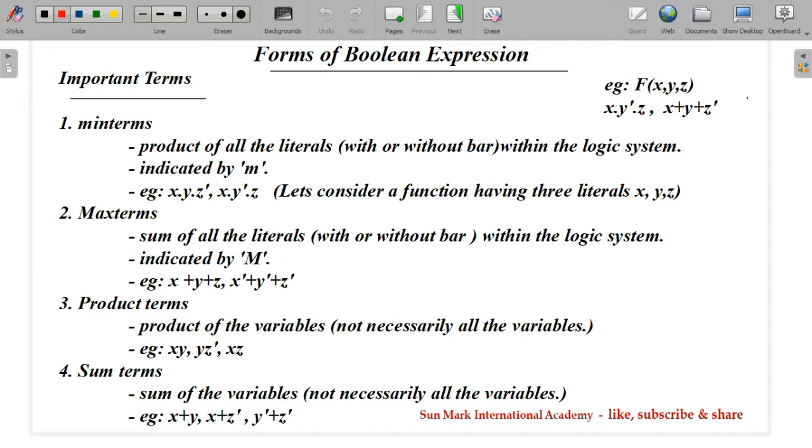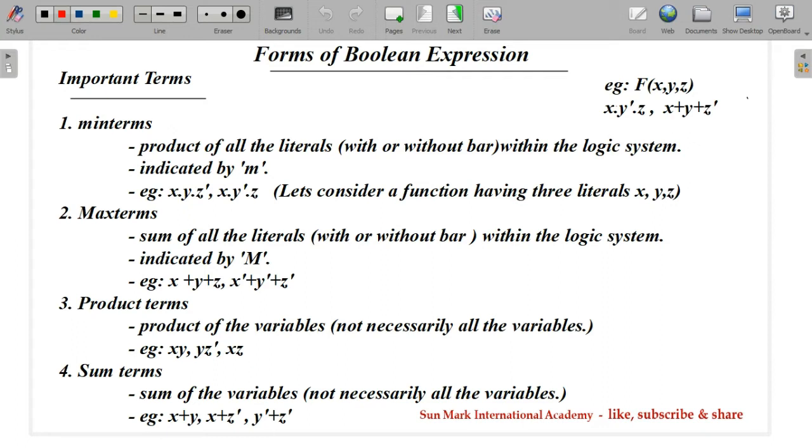Here, as examples, xy, x into y into z dash. Next example, x into z. Here the same function is being followed, a function having three literals x, y, z, but in product terms we have written, for example, xy, where z is missing.